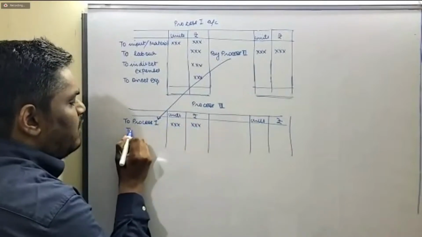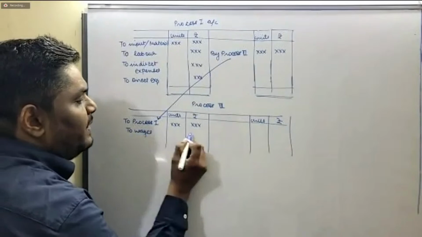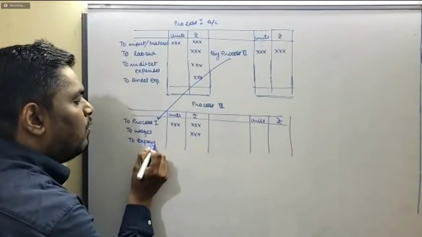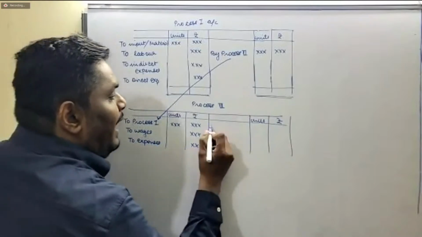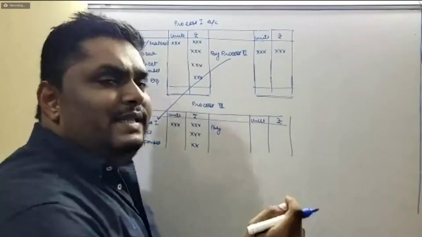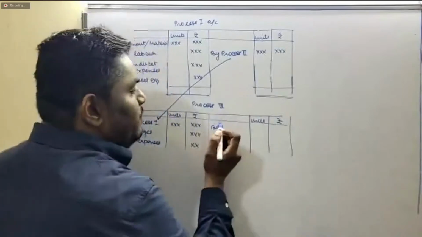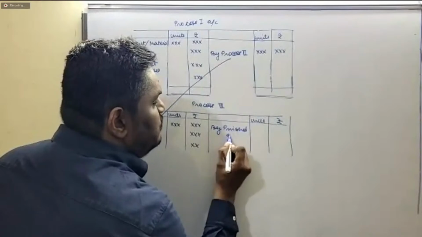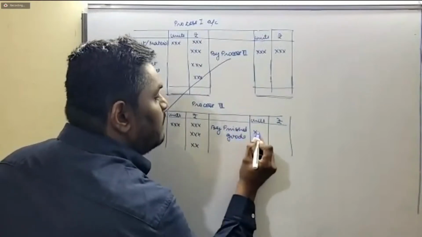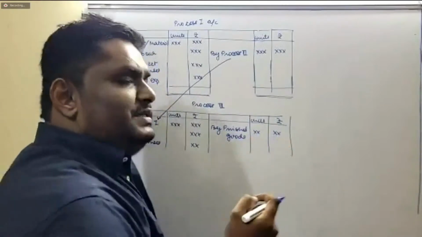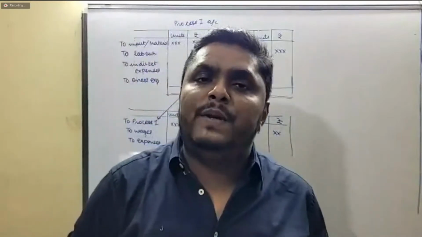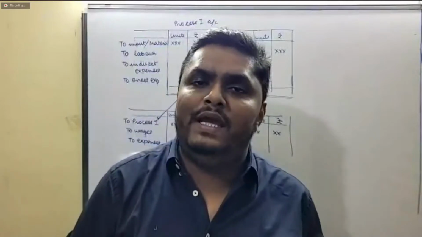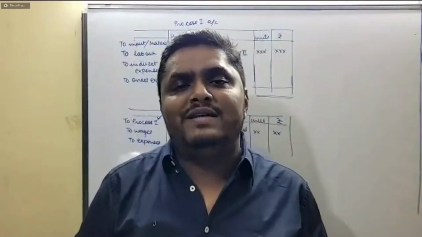And further, whatever costs are incurred in the process will be recorded. Let's say there is no process third. Assuming there is no process third, the output of process second is transferred to finished goods. So this is how the basic process accounts are prepared. I'm ignoring the normal loss and abnormal gain part. I'll be discussing these parts separately.